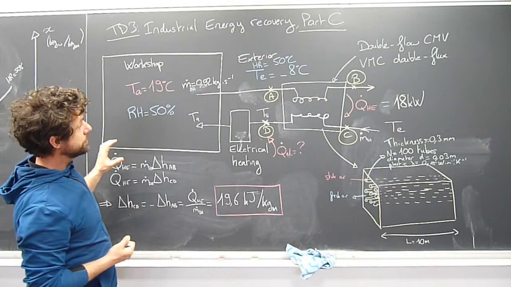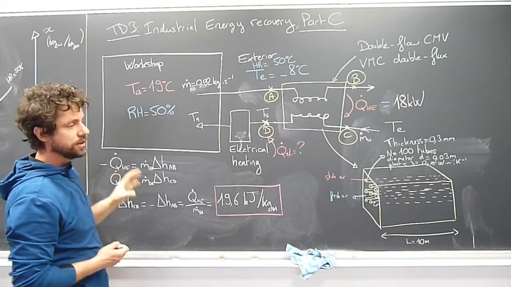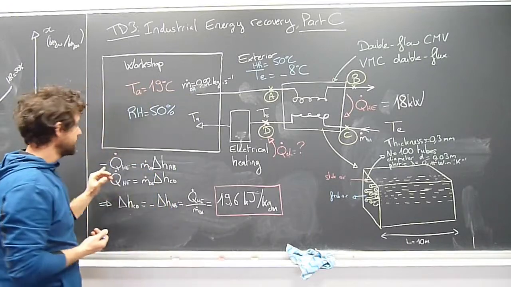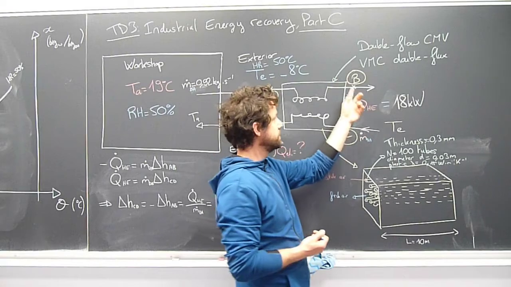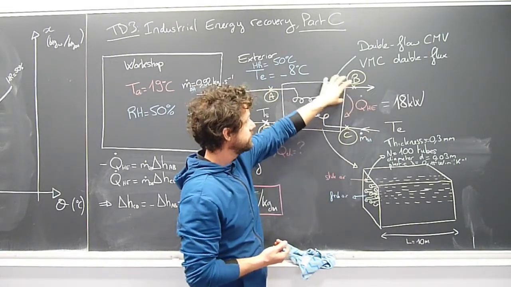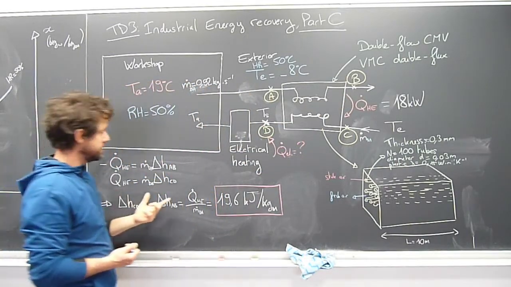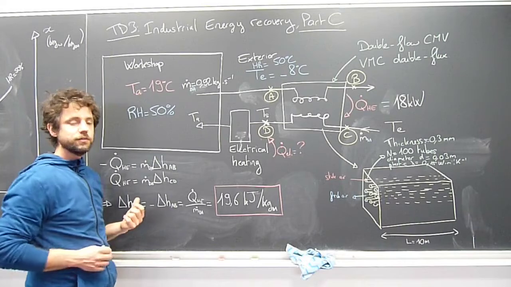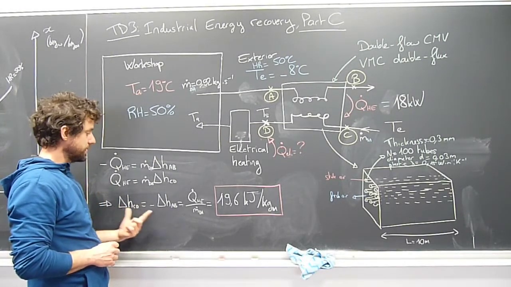From the point of view of the hot fluid, the heat transfer rate that is received is minus Q_HE, because Q_HE is defined as the heat that is given by this fluid and not received, and here it's positive from the point of view of the cold fluid. So we can calculate this variation of specific enthalpy.